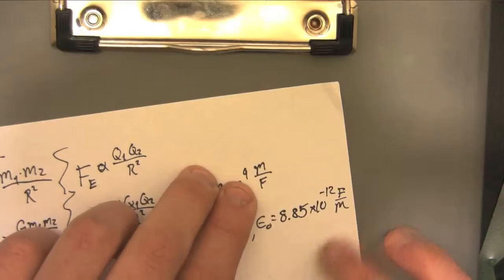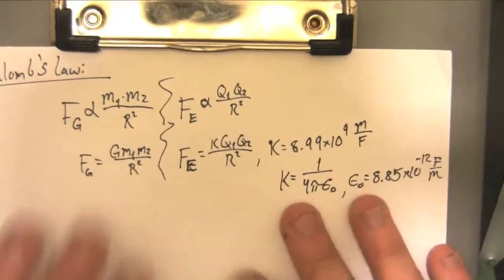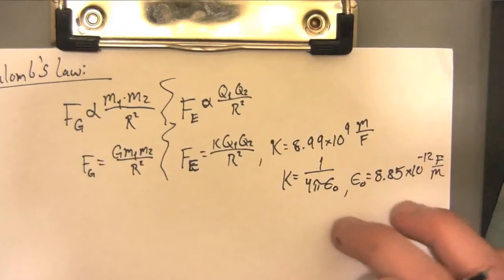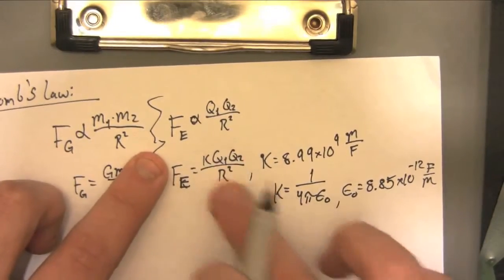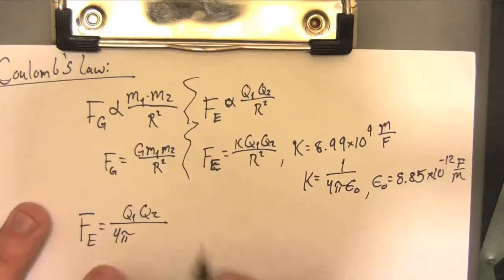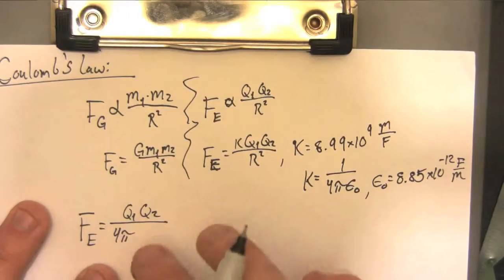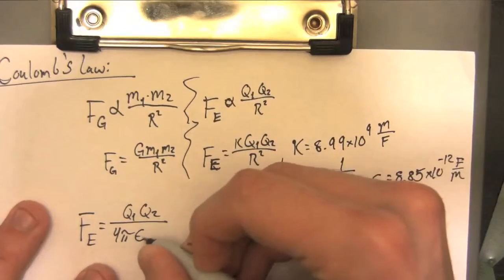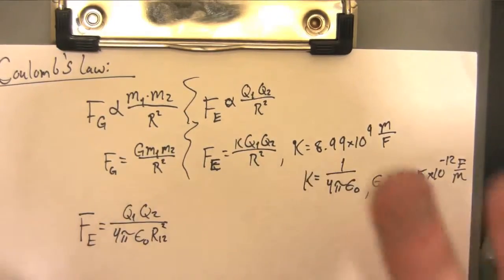I always want to get these mixed up, flip them, and terrible things happen. Anyway, with this being said, we can rewrite our electrical force, substituting this in. F sub E is equal to Q1 Q2, the product of the two, over 4 pi epsilon naught R12 squared. Whoa, Nate, what are you doing?